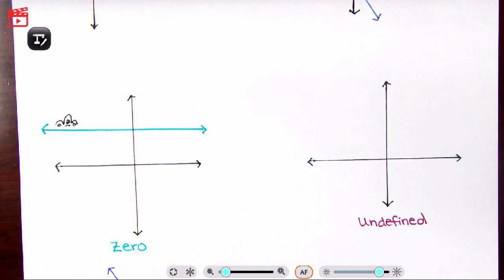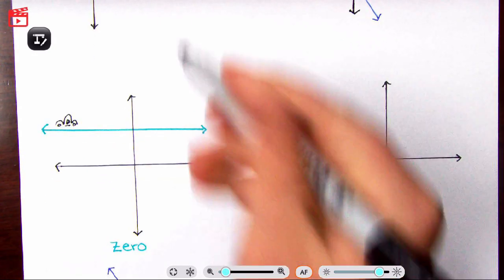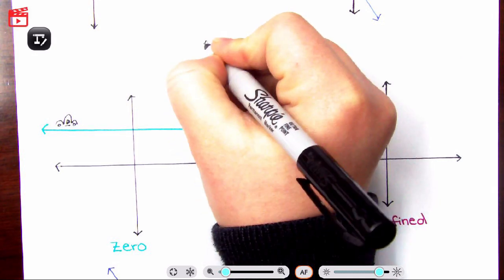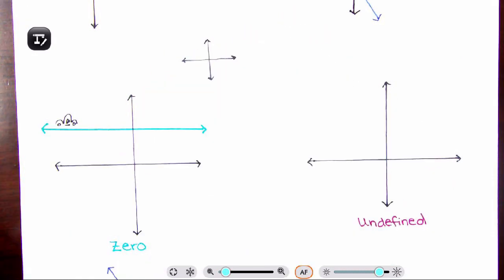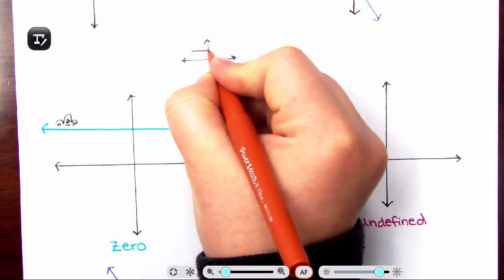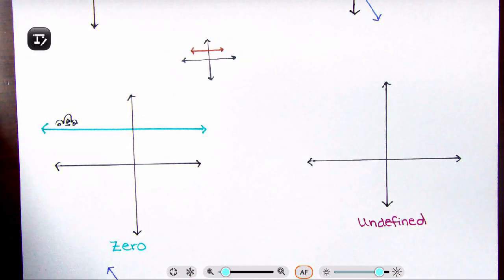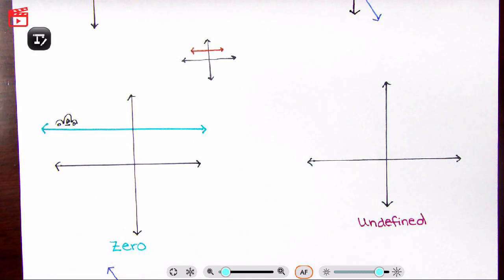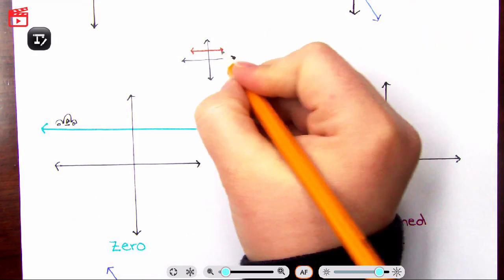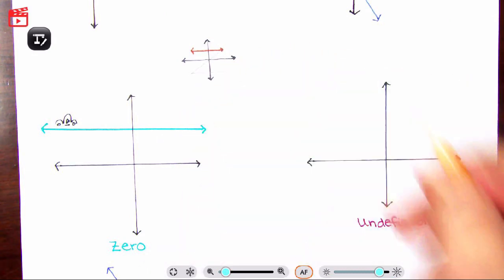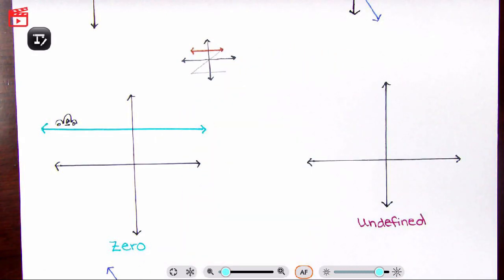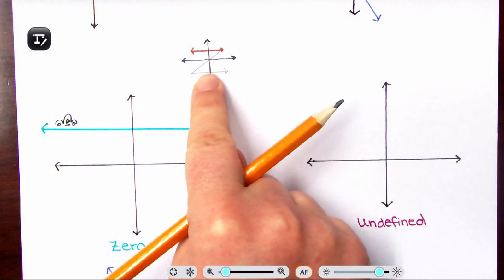Another way that you can think of this 0 slope, I'll use a different color: let's say we have our line here. If you can make a Z out of it, that means your slope is 0. Just a trick. So I'm going to make a Z out of it, just like that. And that is a 0 slope, Z for 0.